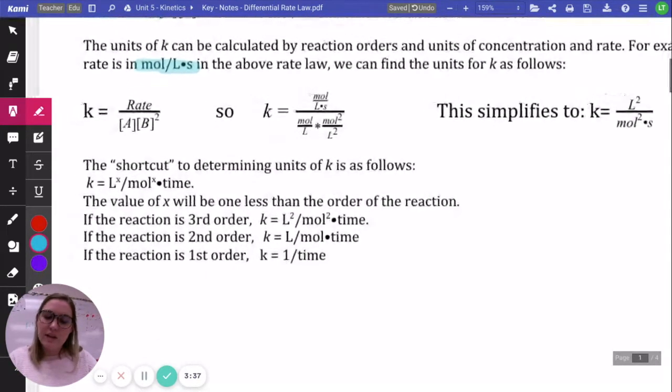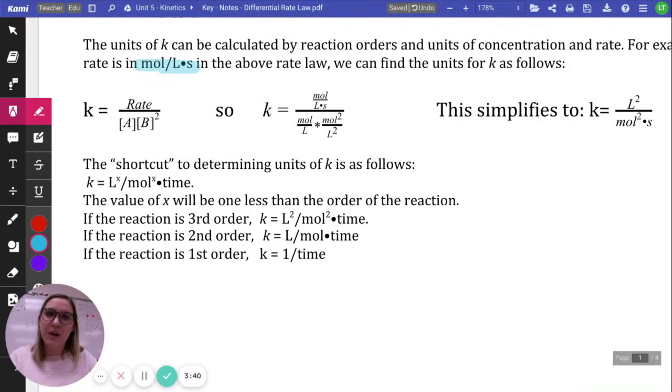Now, we do have a shortcut to determine the units for k. If you're doing the math for the units of k and you're not positive what's going on, that's okay. This is a little shortcut. k is equal to liters to some power divided by moles to that power times time.